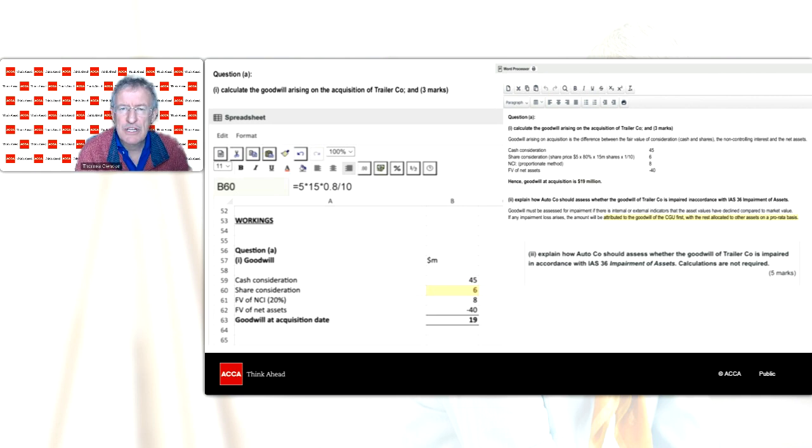Absolutely rubbish. Absolute rubbish, because goodwill is subject to an annual impairment review. If any impairment losses arises, it will be attributed to the goodwill of the CGU first. Perfect. This answer was trying to do 5 marks.